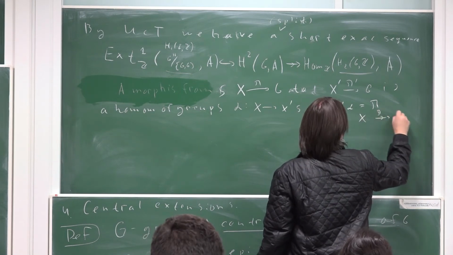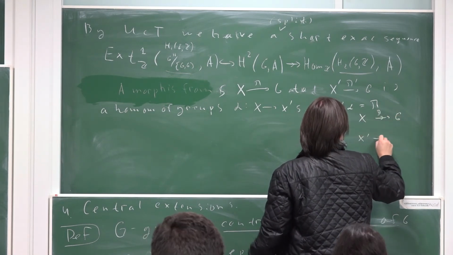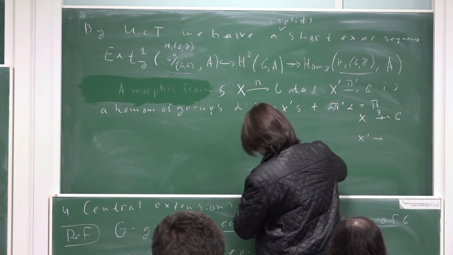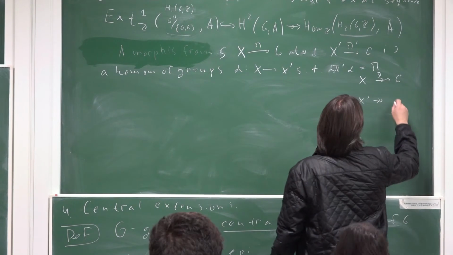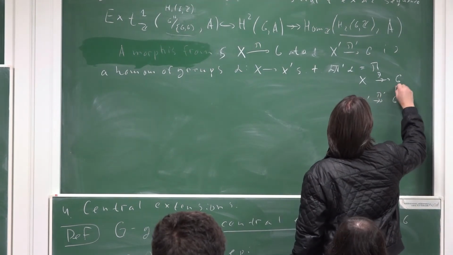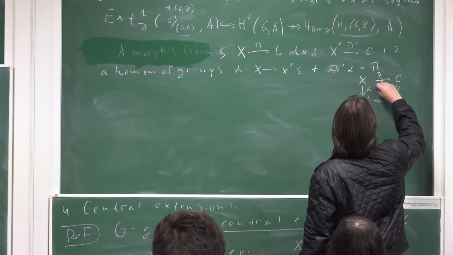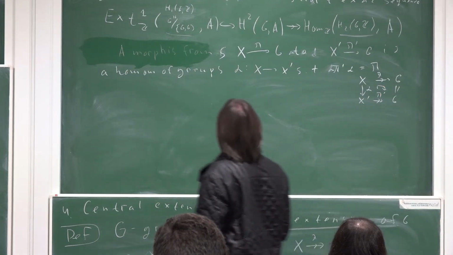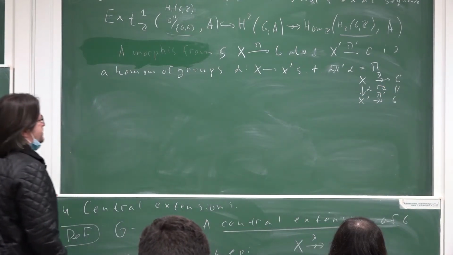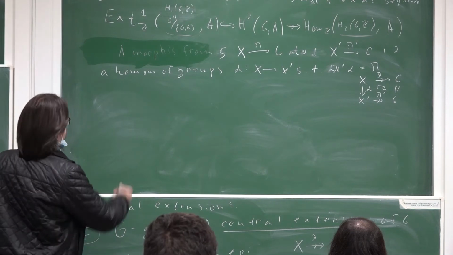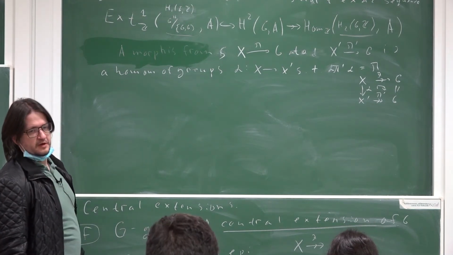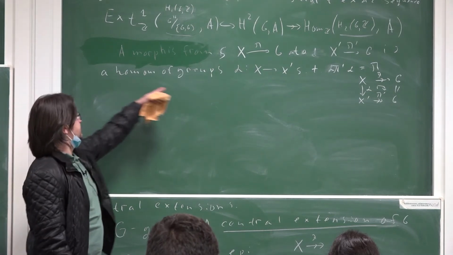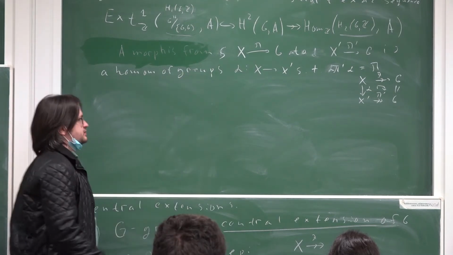The square X, X', G, G has to be commutative. And so two central extensions are called isomorphic if there is a morphism from one to another which is an isomorphism.